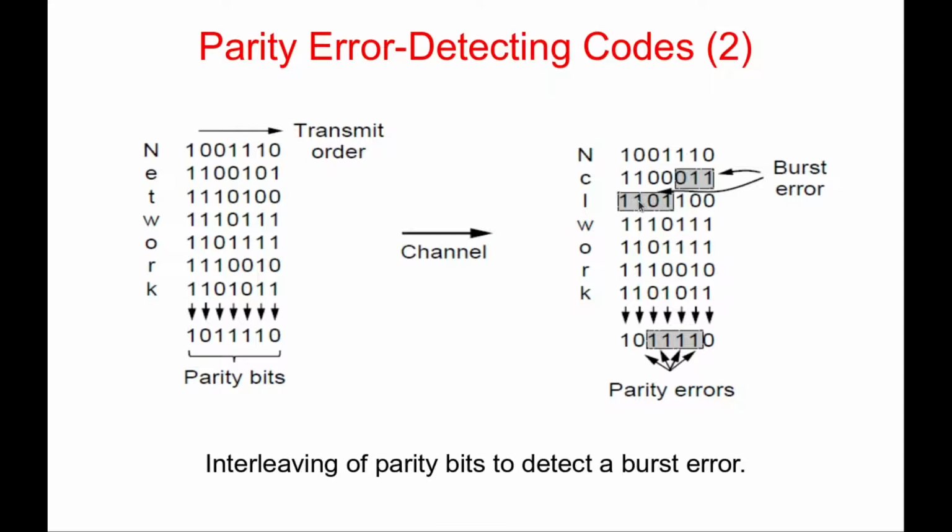And burst error is basically defined by a group of bits in error where the first and the last bit are always 1, and there may be any combination of ones and zeros in between. So imagine now the situation is that there is an error in 7 such bits. There are 7 columns, and there is one error in 7 such bits, right from this place to this.